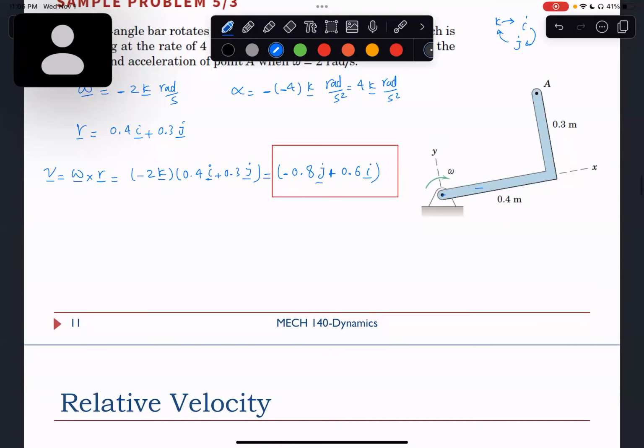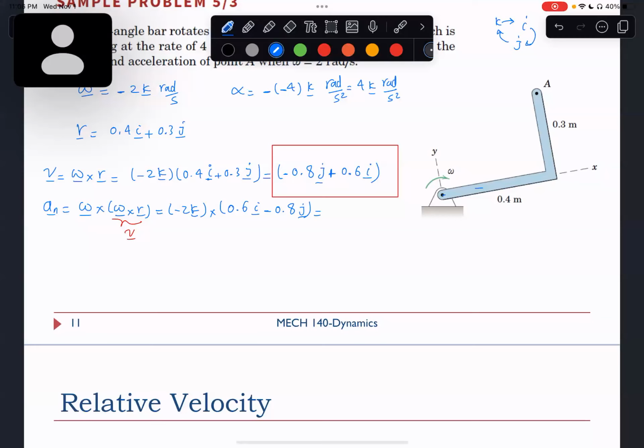We also know that there is an aN and an aT. aN is omega cross r. Omega cross r is just v, which we just found. So I'm going to write that. This is minus 2k crossed with v, which is 0.6 i. I'm just writing i before j because that's how we usually write it.